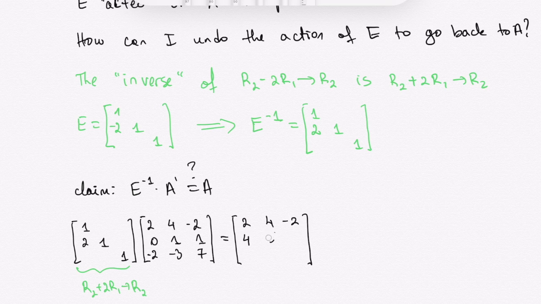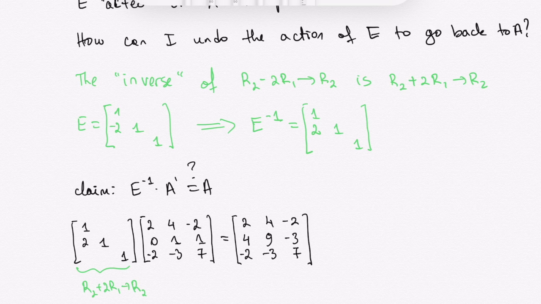Yes, I did have a mistake there. So that's a 9. Then I have 1 minus 4. This will be negative 3. And then I just copy the last row because I didn't act on it. So this works. We have inversed the action of E by acting with E inverse.